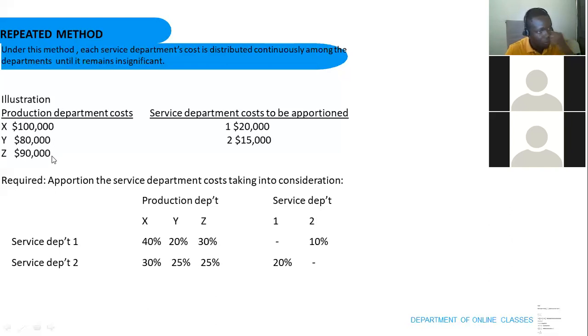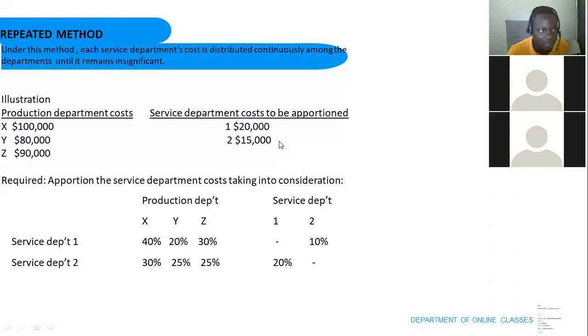Now, from that same question, the service department cost to be apportioned. For service department one, we have $20,000. And for service department two, we have $15,000.